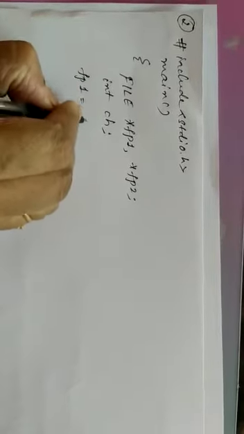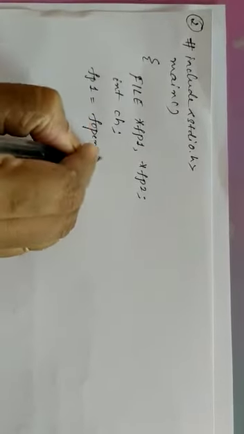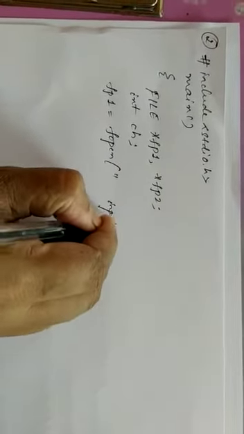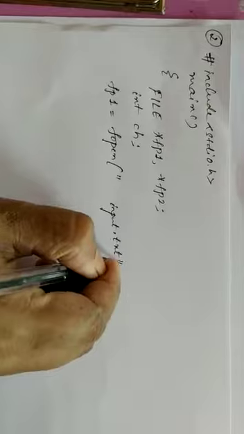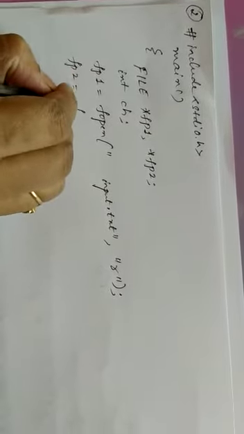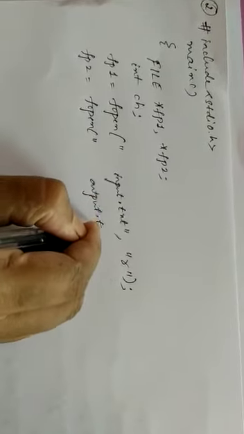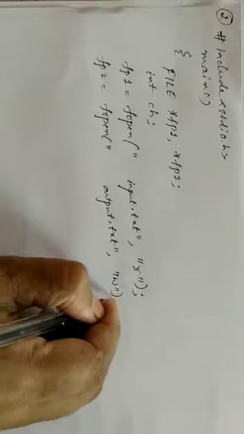Open both the files and specify the path. I will call this input.txt, with the complete path. I will open this under read mode, and the other one, again specify the complete path, I will name output.txt, under write mode. Though it is a character, you need to enclose both in double quotes only.